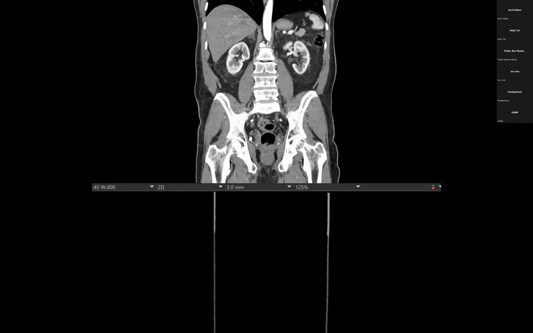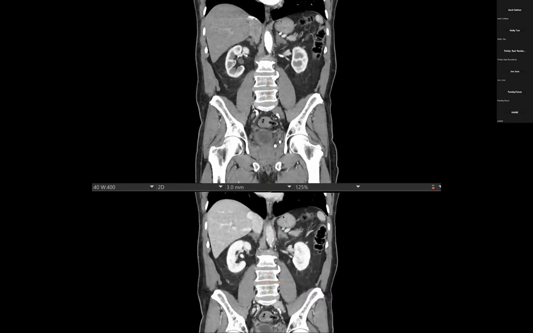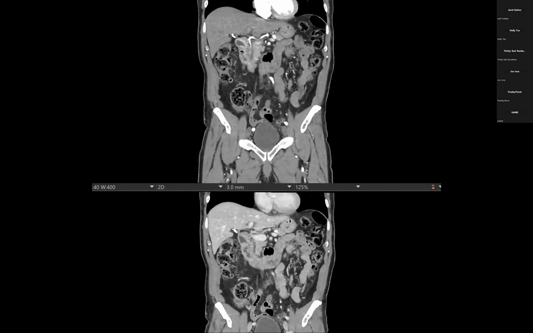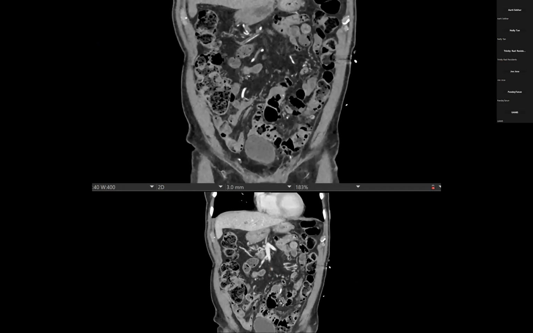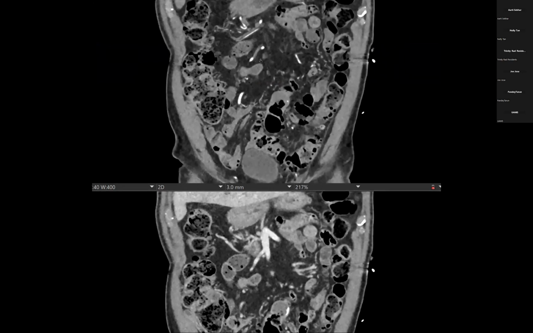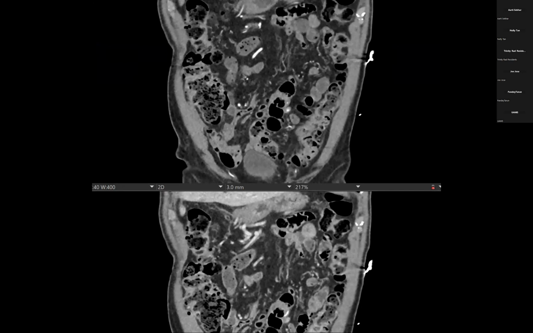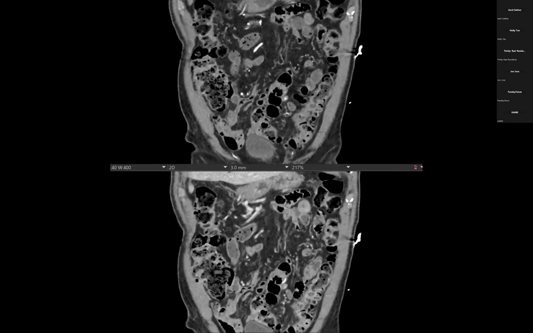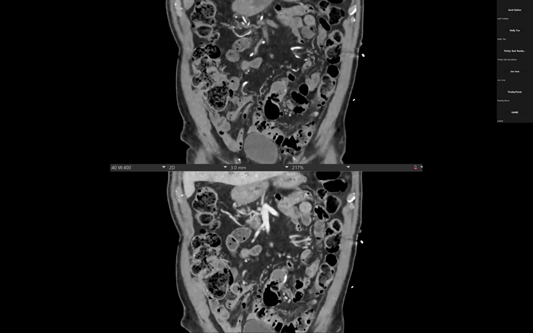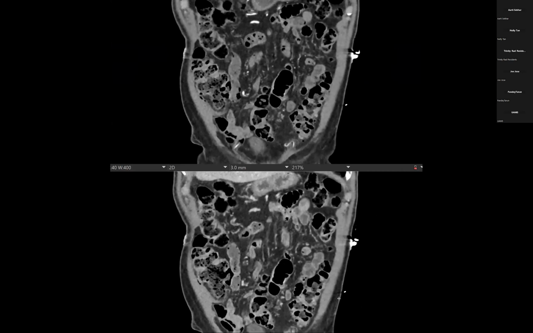Here's your arterial and then your venous. Let me give you the axials.